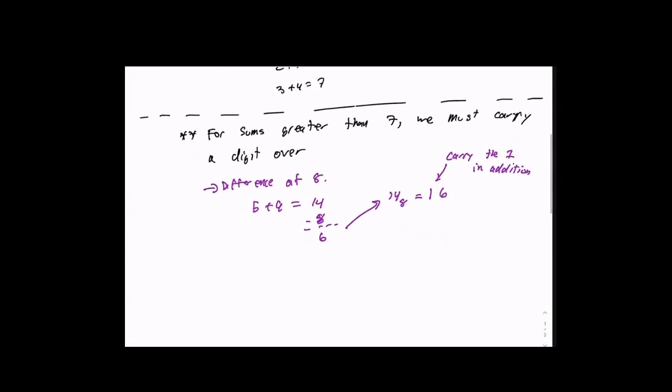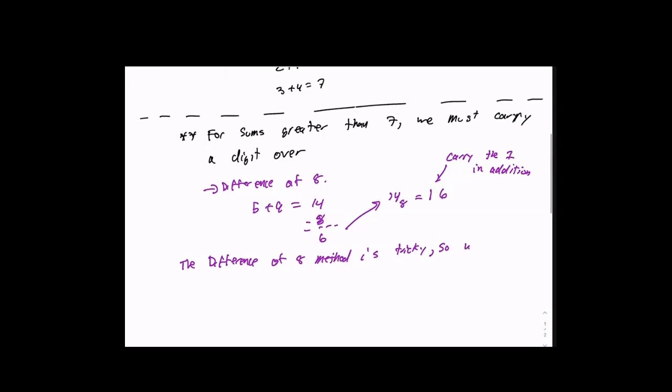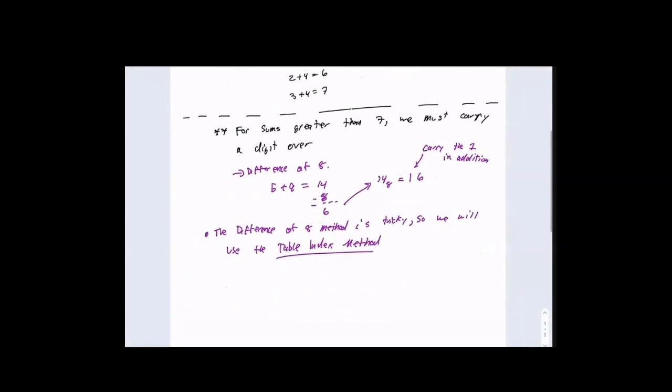Now, the difference of 8 method is tricky. So we will use the table index method. Okay.